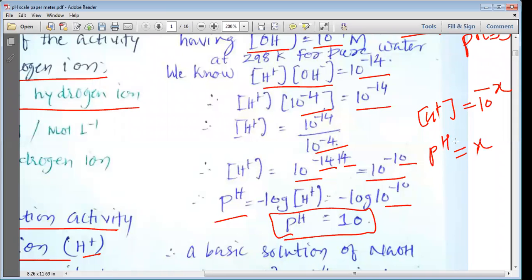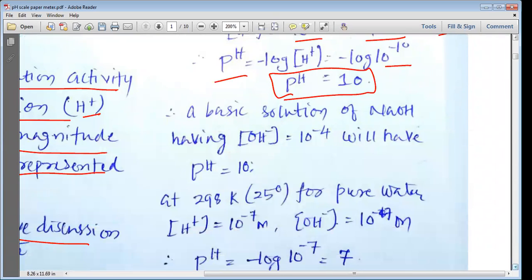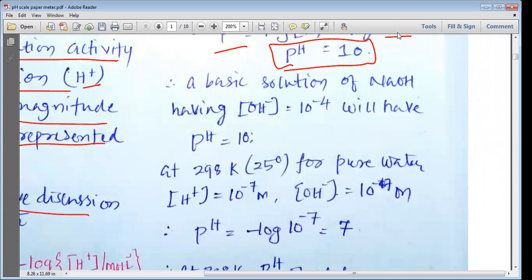If we have 10 to the power minus x, then pH is equal to x. So this is how we can easily calculate the pH for a particular solution. A basic solution of NaOH having 10 to the power minus 4 OH minus concentration will have pH equal to 10.